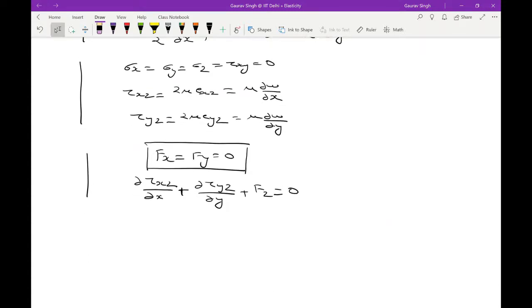And when the equilibrium equations are written in terms of the displacements only, we find this as our Navier's equation.